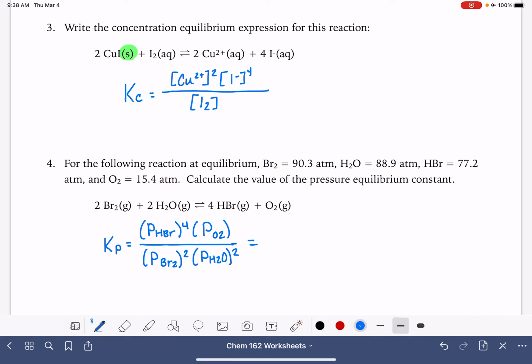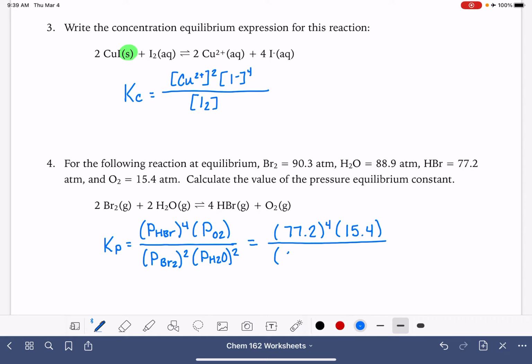The pressure of the HBr is 77.2, and we want to remember that we're going to raise that to its stoichiometric coefficient. The pressure of O2 is 15.4. And with all of these, the value of the equilibrium constant, whether it's a Kp or a Kc, is a unitless number, so we drop the units off these numbers as we're entering them into the equilibrium expression.